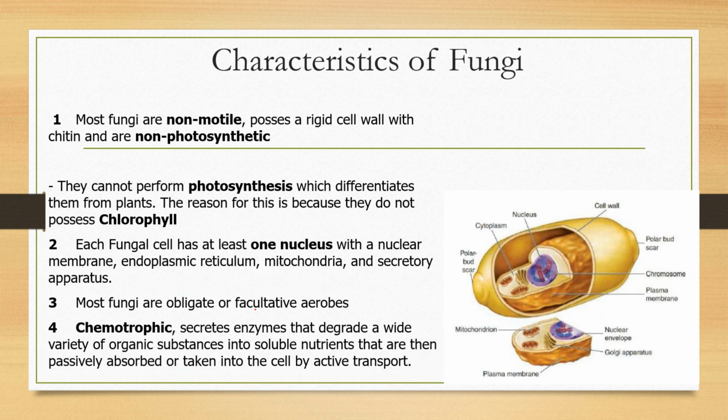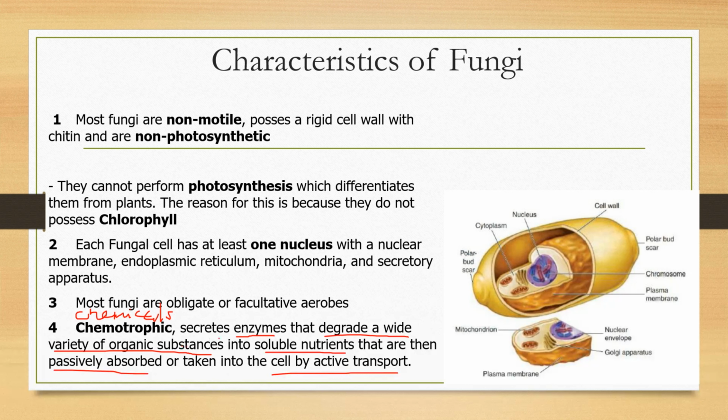Now they are also considered chemotropic. The word chemo would refer to requiring or producing chemicals. An example of a chemical they would produce, class, are enzymes. Enzymes that would degrade a wide variety of organic substances into soluble nutrients that are then absorbed or taken into the cell by active transport.